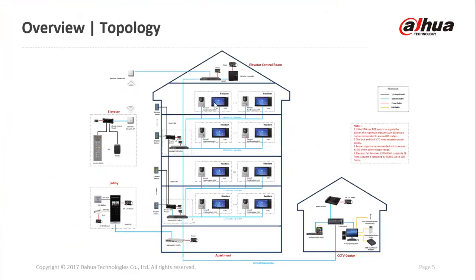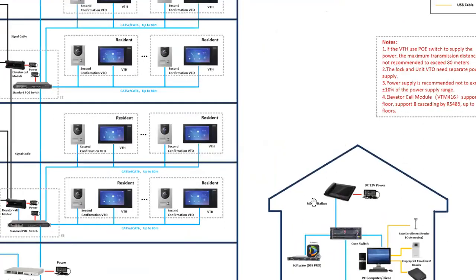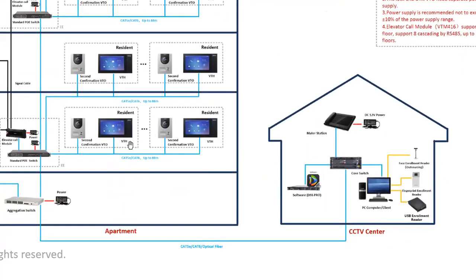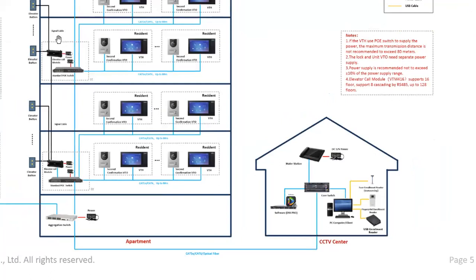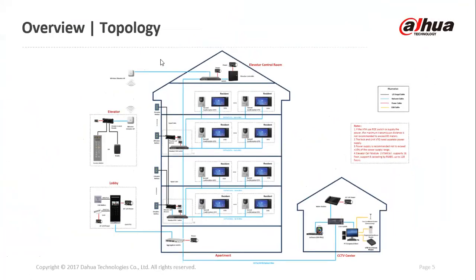So this kind of scenario is a high-end configuration for VTO, because it encompasses using products like DSS. Some of the products that are used are DSS, these control modules and the call modules for intercom and elevators.